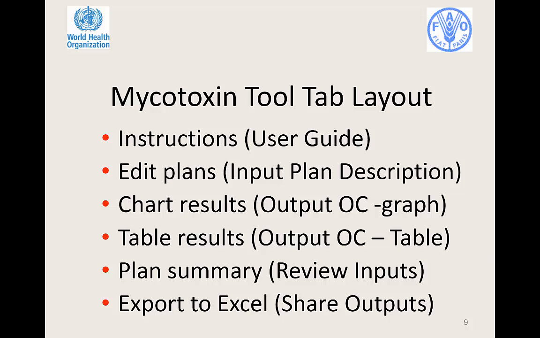Then there's an Edit Plans tab, and that's where you input the plan description that you want to look at. There's a Chart Results tab, Table Results tab, Plan Summary tab, and an Export to Excel tab where you can export the information to save or play with the probabilities you've generated in the tool.